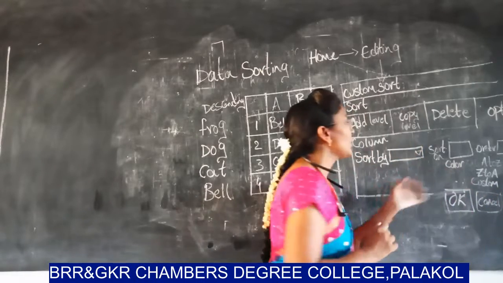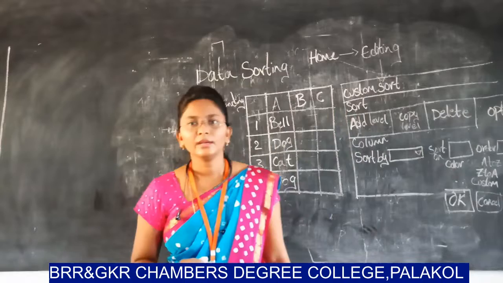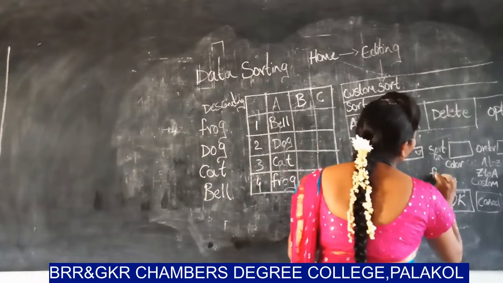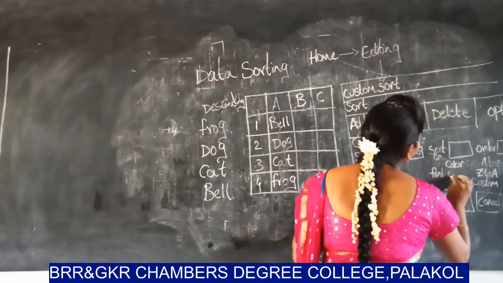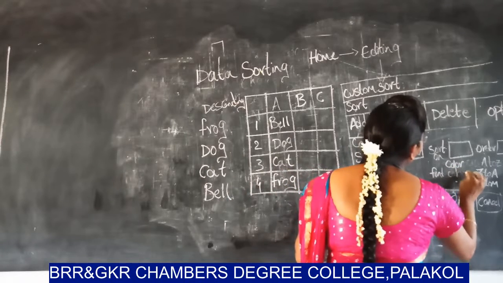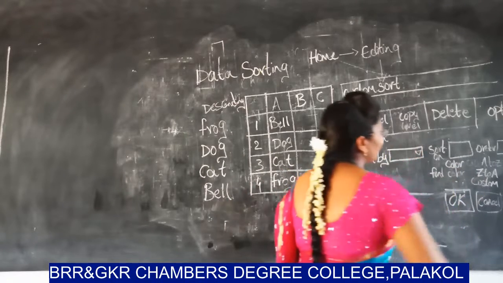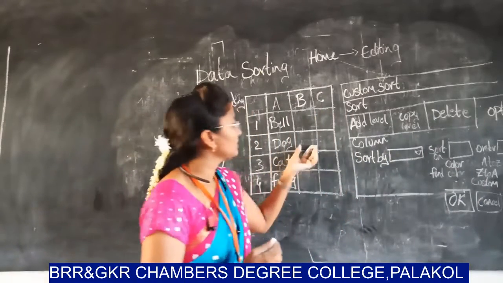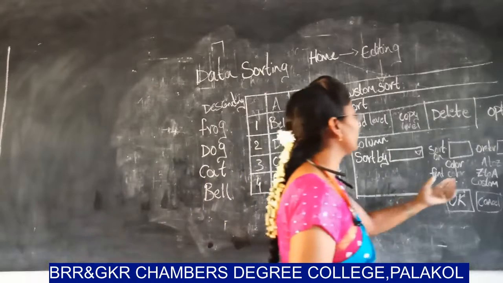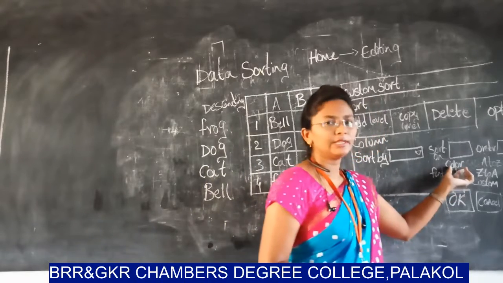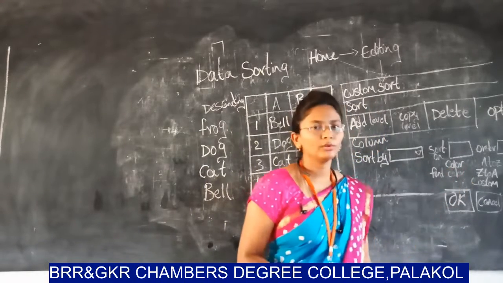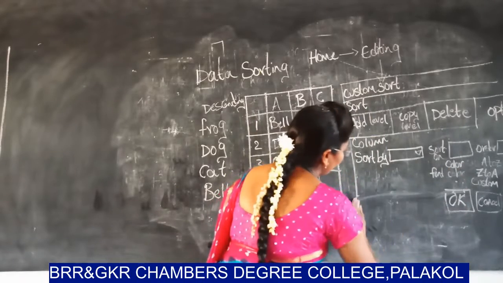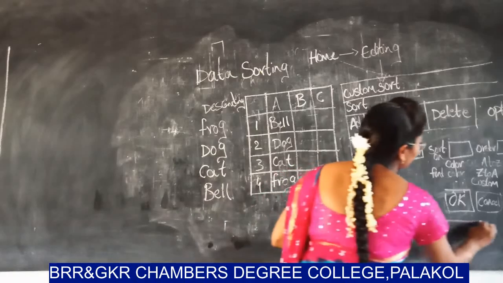Here we can sort by using font color or cell color for the text, or color for the font, and the next one is the cell icon for the cells also. No need of cells. I am taking only color for the text, or color for the font, or color for the cell also. And this is the dialog box which will appear on your screen.